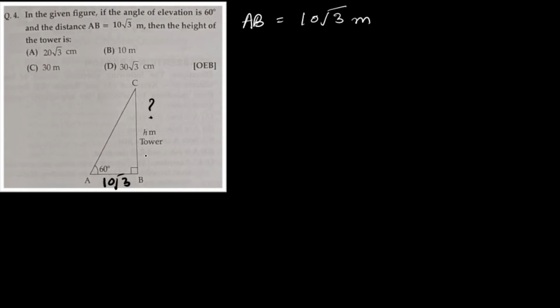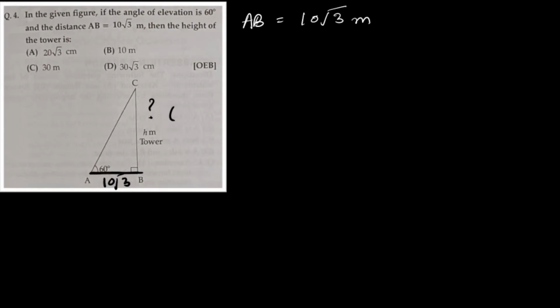The height of the tower is this one. Now the angle is given, one side AB is given to us, that is the base. Base means the adjacent side with respect to the angle, and height we have to find. Height is the opposite side. So which trigonometric ratio can we use?